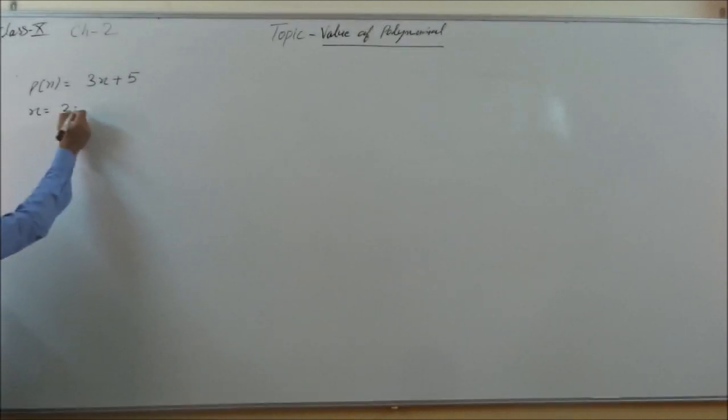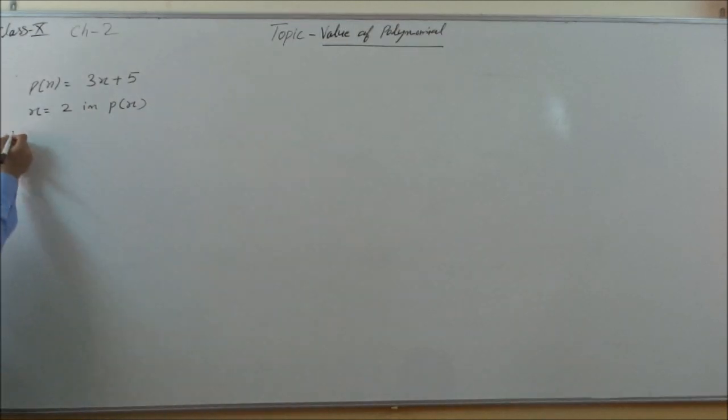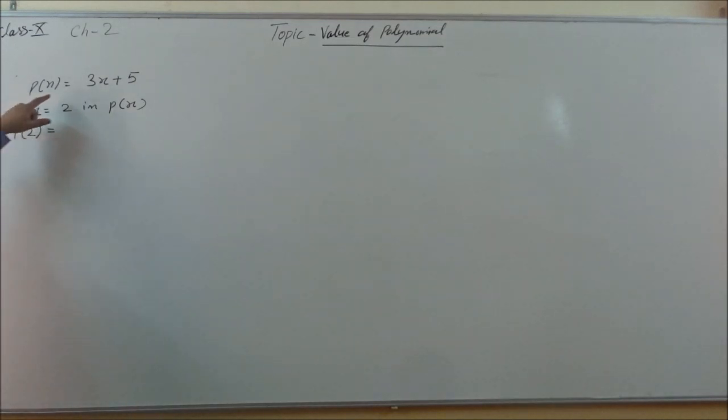Suppose this is the polynomial: P(x) equals 3x plus 5. The given polynomial is P(x) equals 3x plus 5. Suppose I put x equals 2 in polynomial P(x). So the value of x is 2, so we write here 2, because we are finding the value of the polynomial at x equals 2.